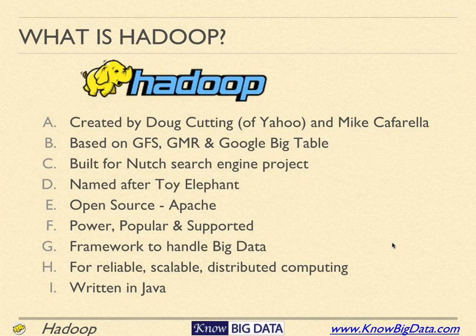Distributed means anything you want to get done should get done on these 150 computers in parallel. So all of the components under the umbrella of Hadoop have these properties. Also, Hadoop is written in Java, but that does not mean you require Java to operate or utilize Hadoop.